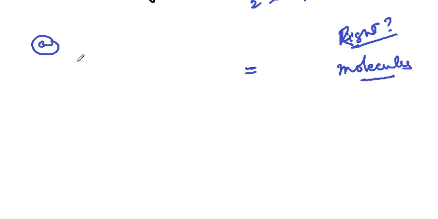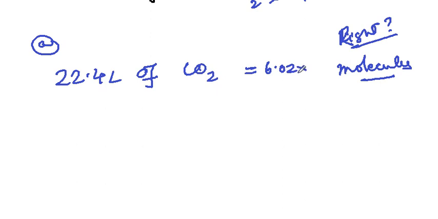Since the volume is already provided to us, we have 22.4 liter of carbon dioxide is 6.02 into 10 to the power of 23 molecules of carbon dioxide. This is something that we already know, and they are asking us to find the number of molecules which is there in 11.2 liter of carbon dioxide.